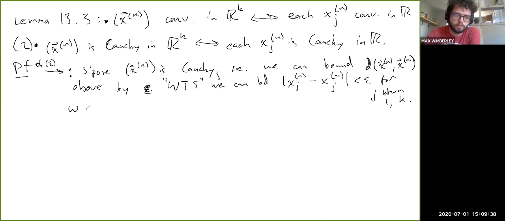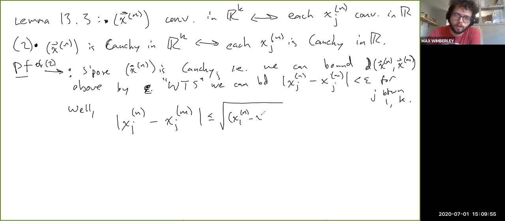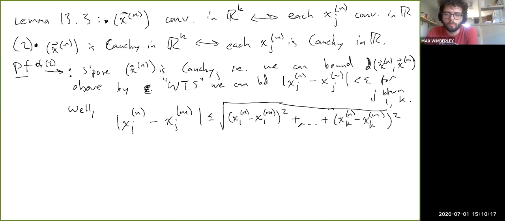You can just say |x_j^n - x_j^m| is less than or equal to the square root of (x_1^n - x_1^m)^2 plus ... plus (x_k^n - x_k^m)^2, right?